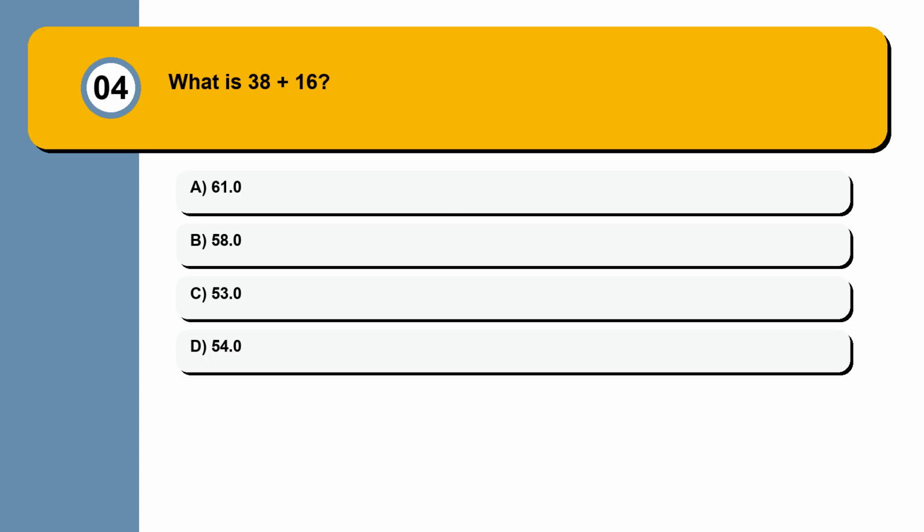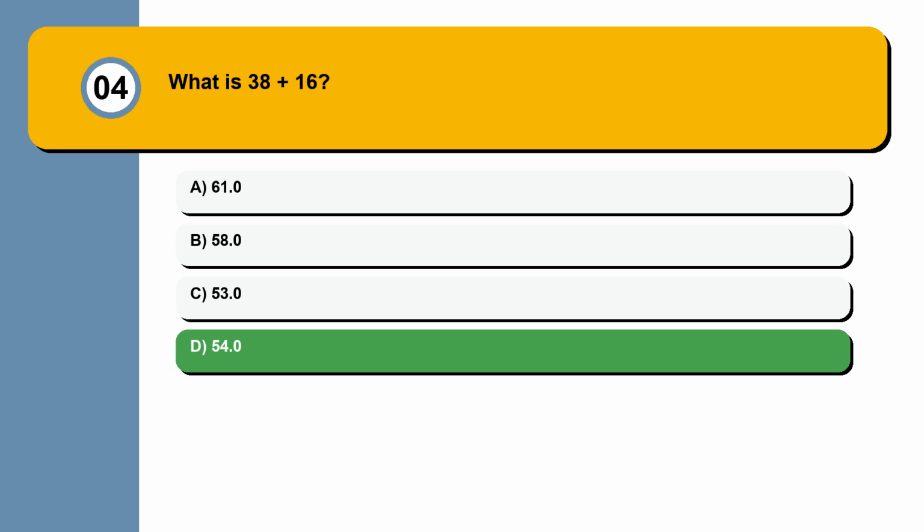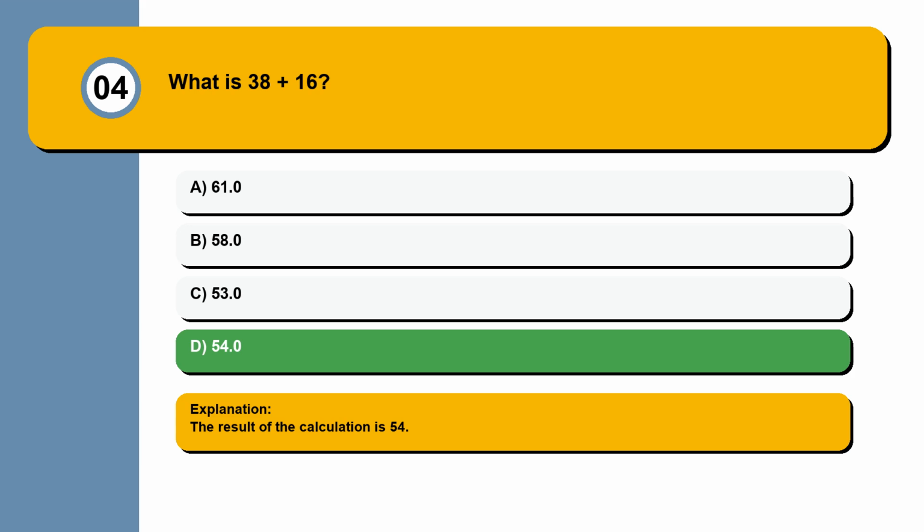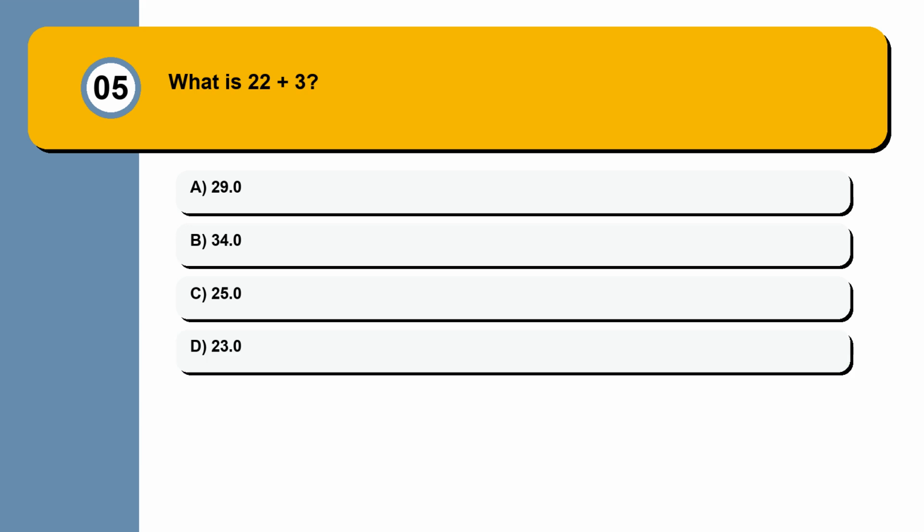Question 4. What is 38 plus 16? Options: 61, 58, 53, 54. The result is 54. Question 5. What is 22 plus 3? Options: 29, 34, 25, 23.